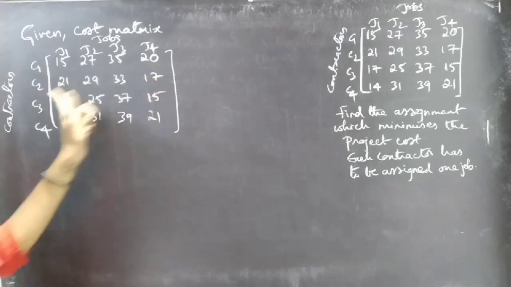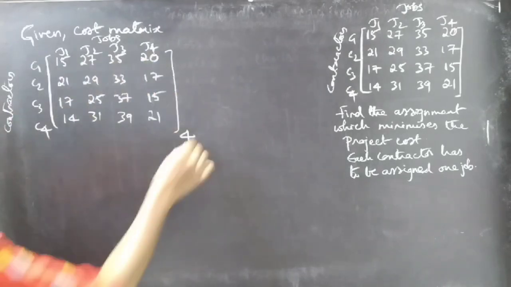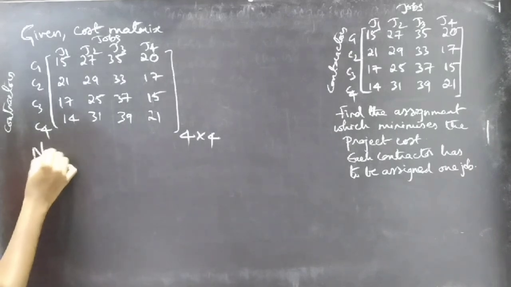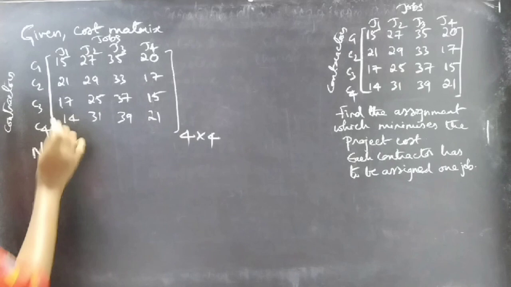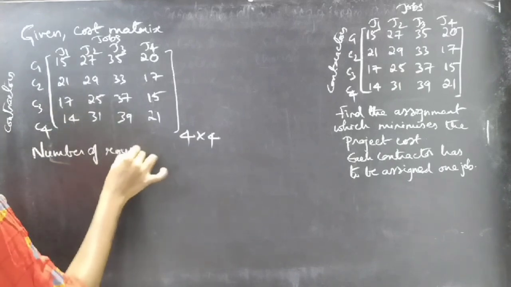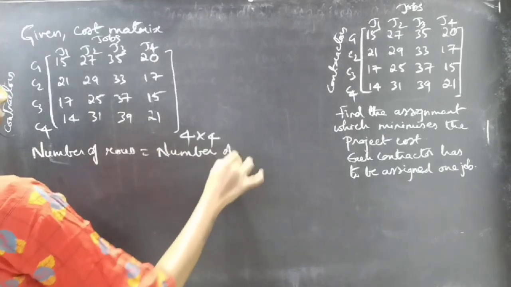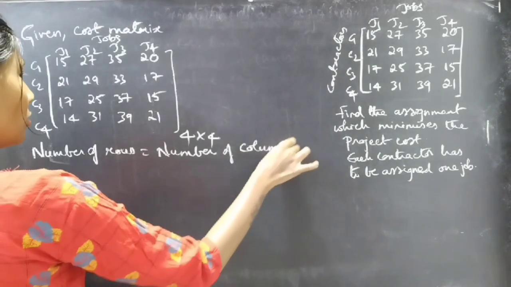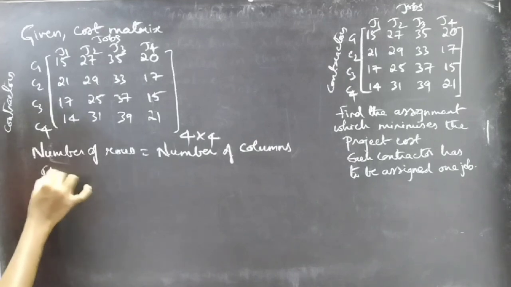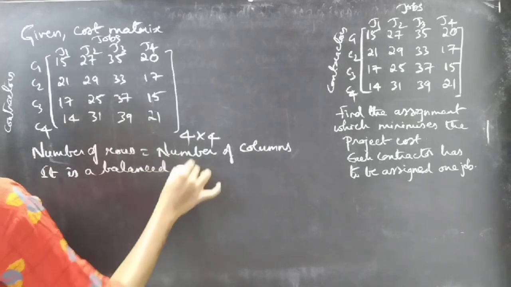So here number of rows equal to number of columns. We are given a 4 by 4 matrix, right? Since number of rows equal to number of columns, we can say that the problem is a balanced one. It is a balanced problem.